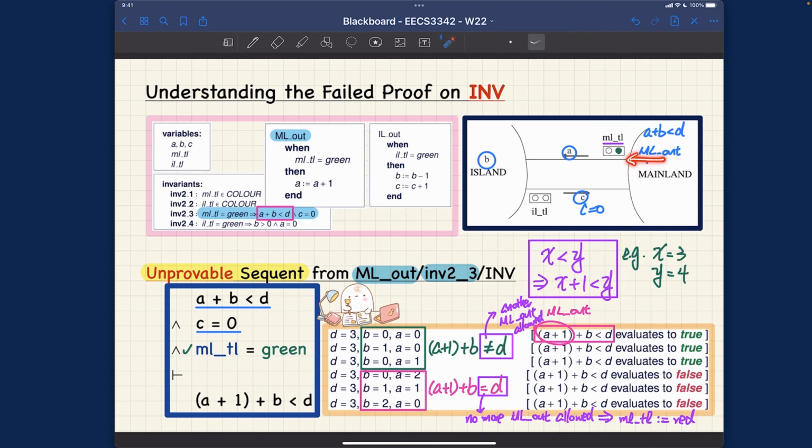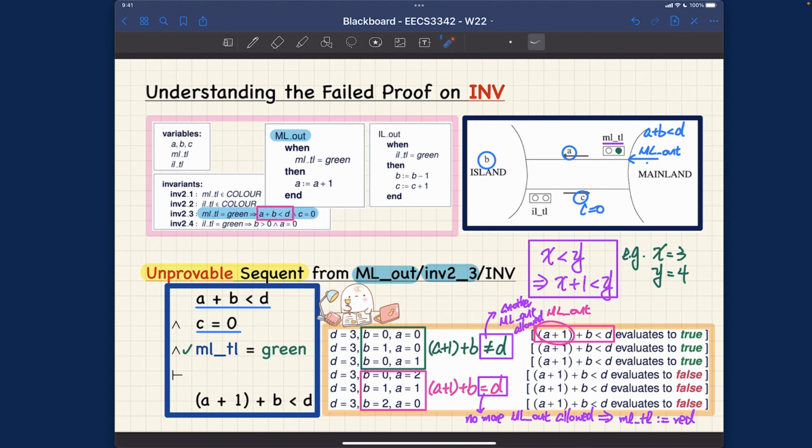So we should disallow another occurrence of ML out to come, in which case it is going to falsify the invariant. But why is setting this ML TL to be red useful? If ML TL is set to be red, in that case, ML TL equals green over here is going to become false, in which case false implies anything. So the invariant indeed can be preserved, right?